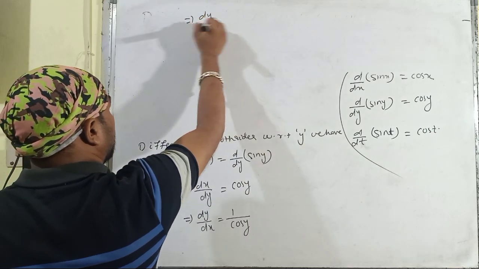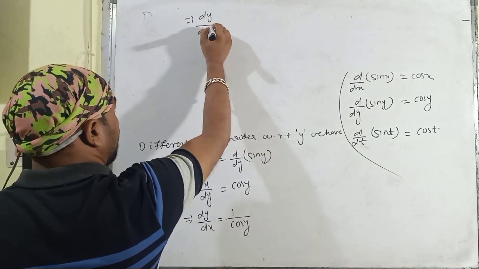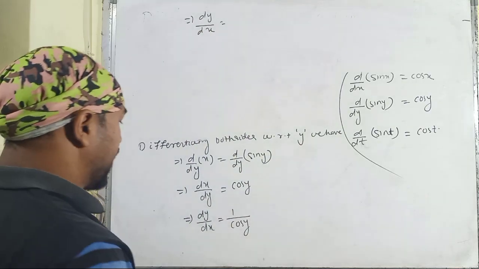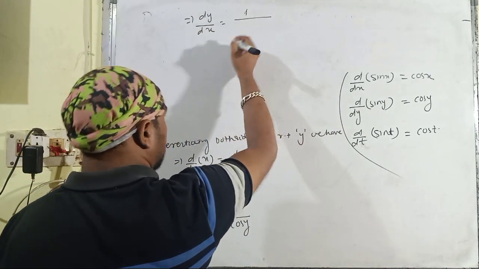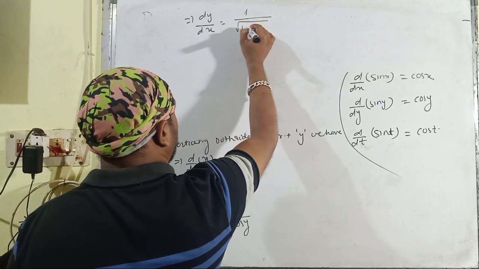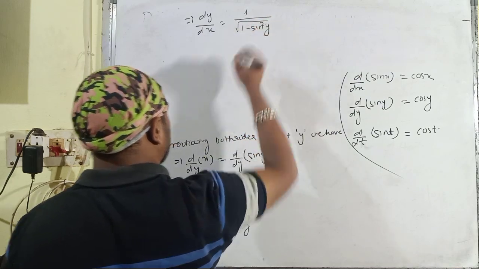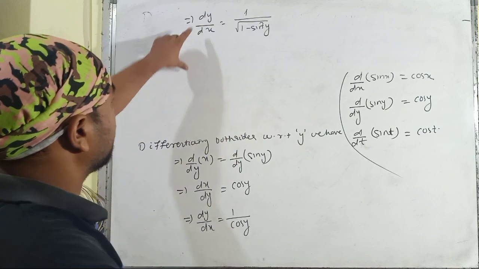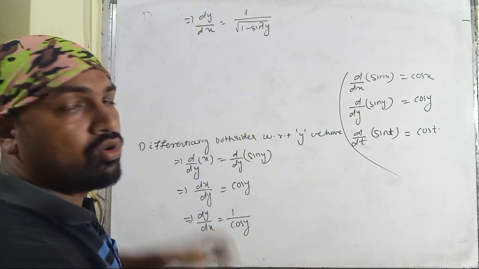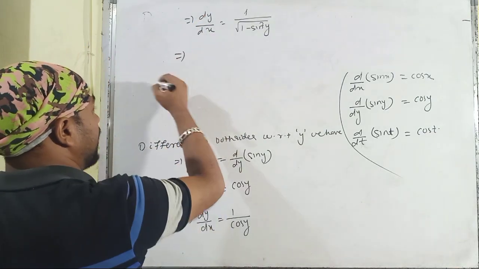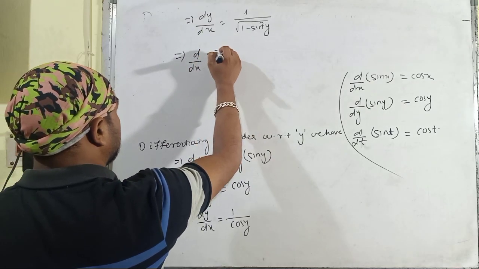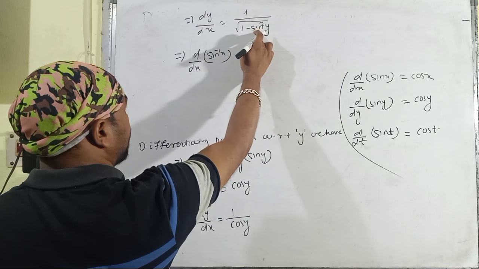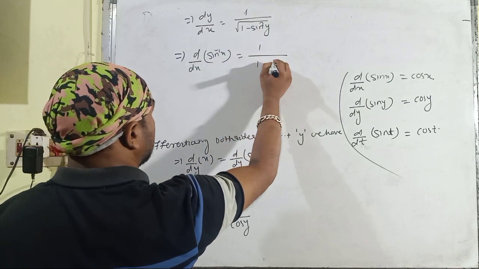Now we can put the trigonometric identity here. It will be 1 upon square root of 1 minus sine square y. But we know that y is equal to sine inverse x, because we have taken the value of y as sine inverse x, and the value of sine y is x.